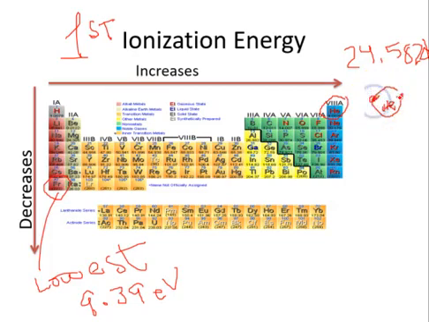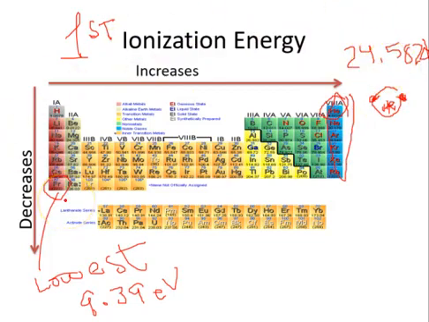It's full, and he in no way, shape, or form wants to give away. Now that's a little bit different than electronegativity, because remember, electronegativities didn't exist for the noble gases. So the noble gases did not have an electronegativity, but they do have an ionization energy, which is the amount of energy needed to remove an electron.